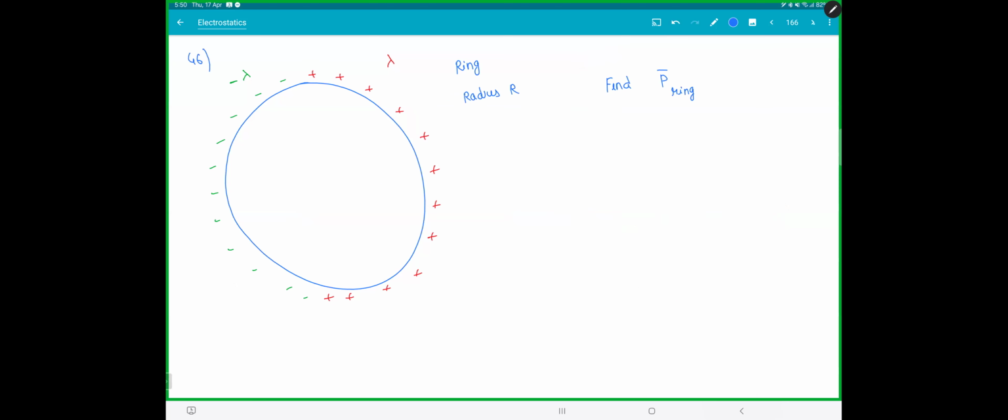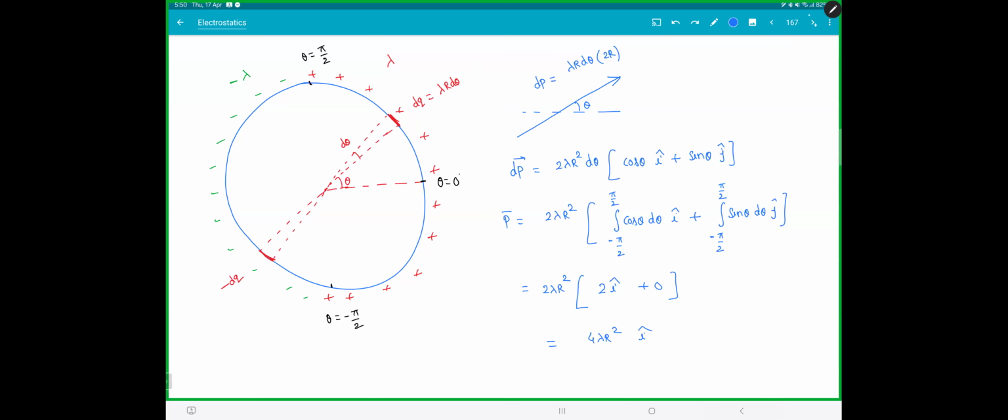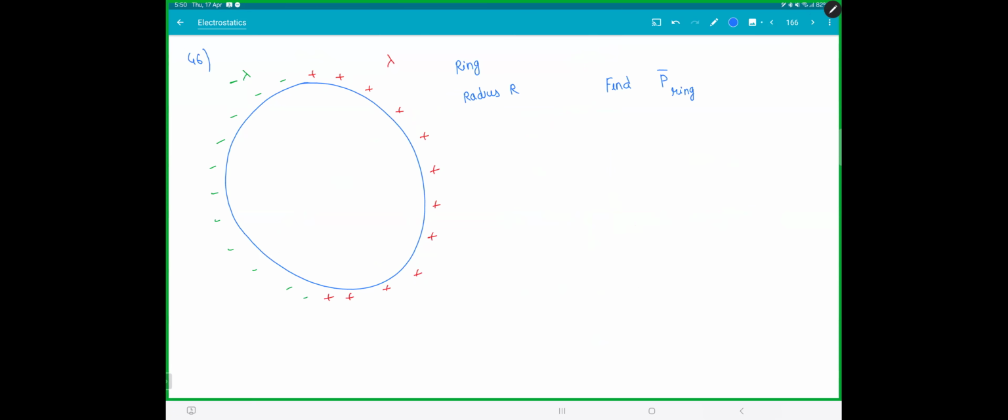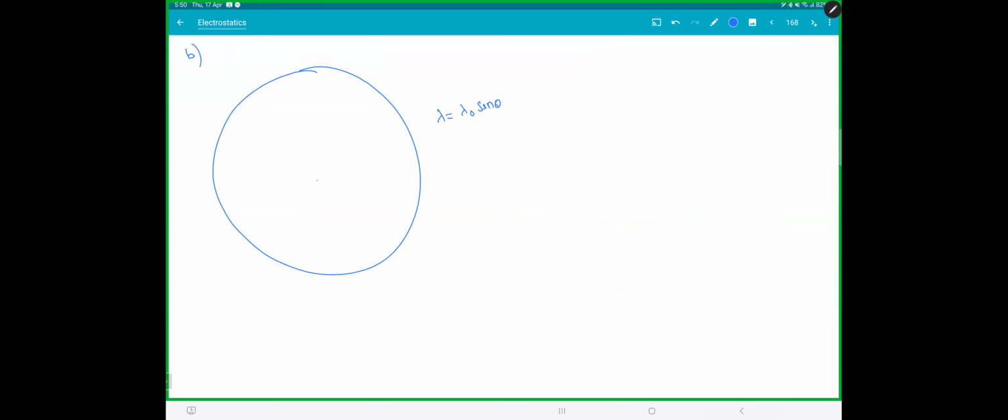Now, same thing. Suppose they frame it like this. The reason you need to know integration is because of this. What if they give you lambda equal to lambda naught sin theta? Now, how will the charges be? Remember, theta is taken from here.